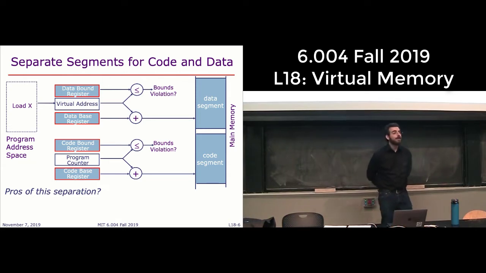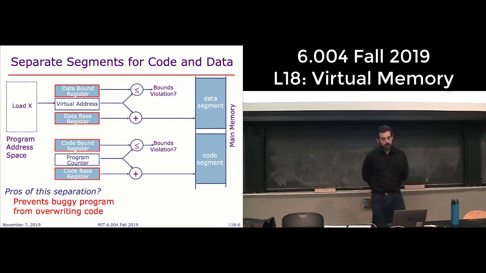So can this happen with this mechanism? Can I have a store that overwrites my code? I see many of you shaking your head. Exactly, you can't, because all these accesses are checked, and they go to separate pieces of physical memory.